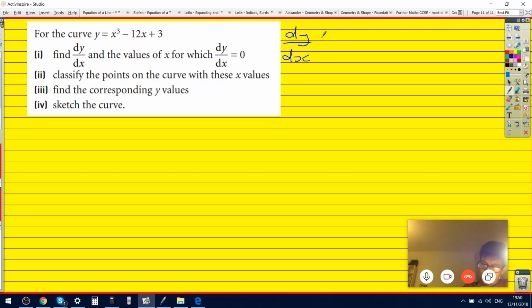So 3x. Right, we'd have to kind of factorize this. 3x and x, so we'd have two brackets basically. Multiples of 12 are 3 and 4. So 12 is 3 times 4, 2 times 6, 1 times 12.